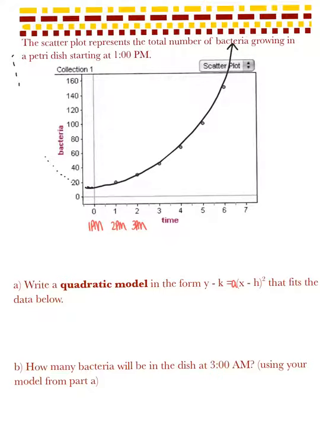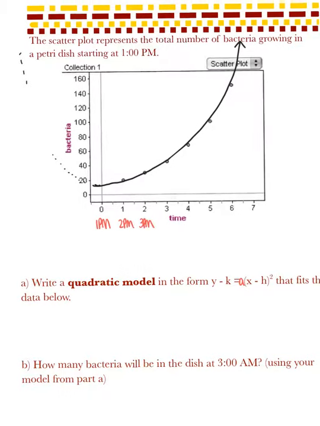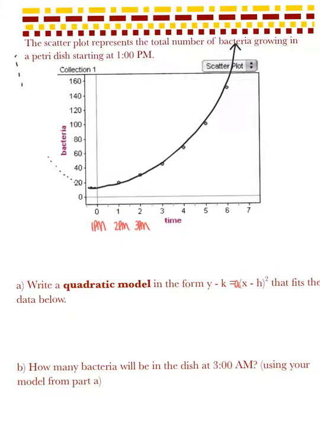Something like this. Okay. So now we got to choose a vertex. If I'm making this up, I'm gonna put my vertex kind of like right here. And I think that is going to be the point 0, 18. So I'm going to set that as my h and my k.